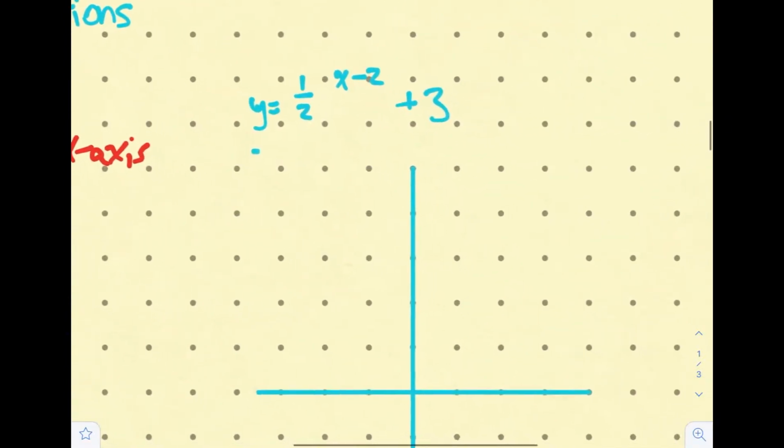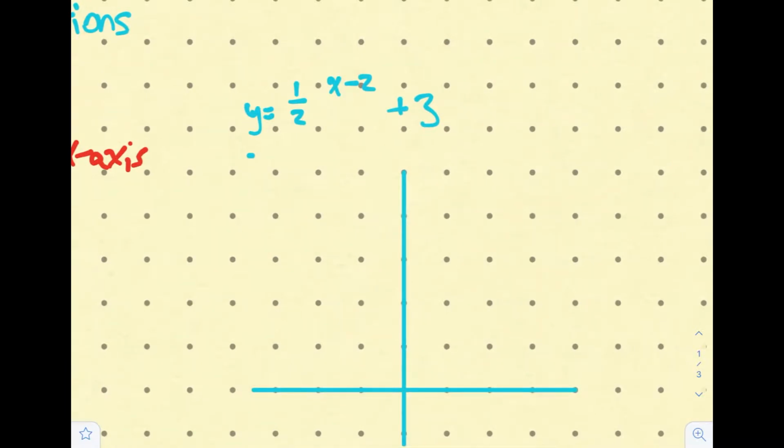1/2 to the x minus 2 plus 3 is an exponential decay function that has then been shifted right 2 and up 3. So first I'll start with our exponential decay function 1/2 to the x. Again, it should have the point 0, 1, 1, 1/2, and -1, 2.